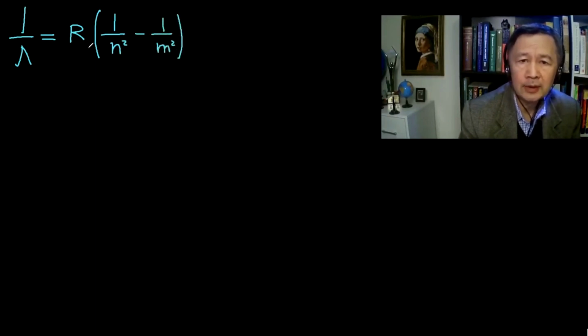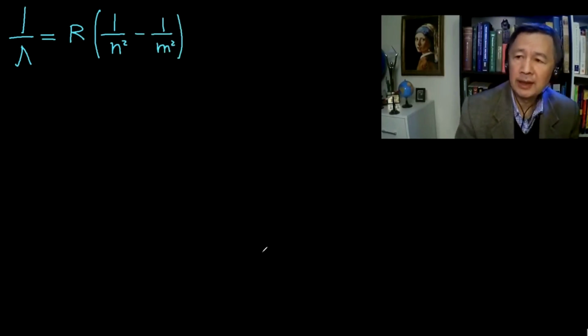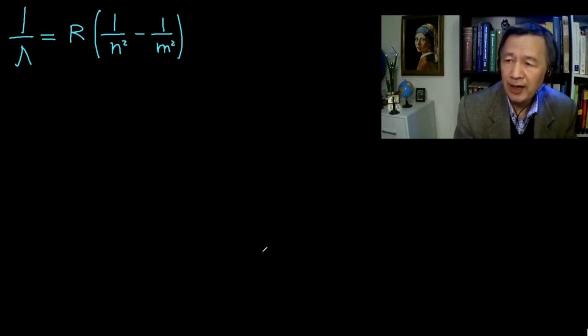R is the Rydberg constant, which can be used to describe other observed hydrogen spectra even beyond the visible region, such as the infrared and ultraviolet regions. So this is a very good empirical formula.